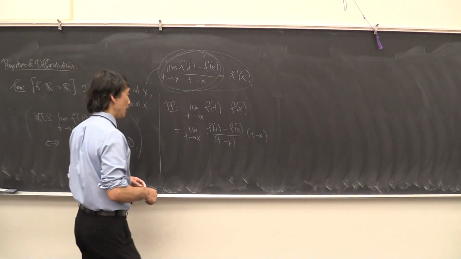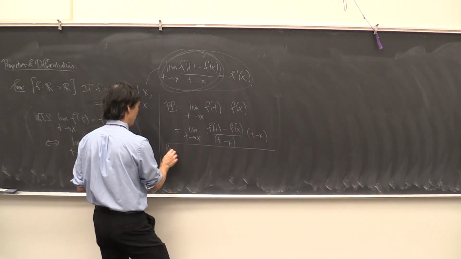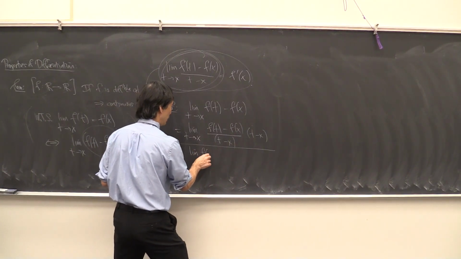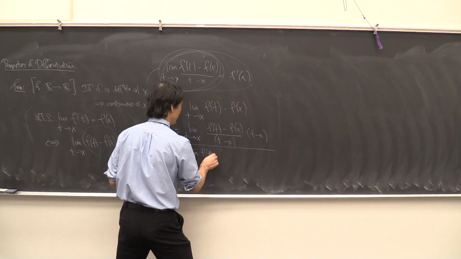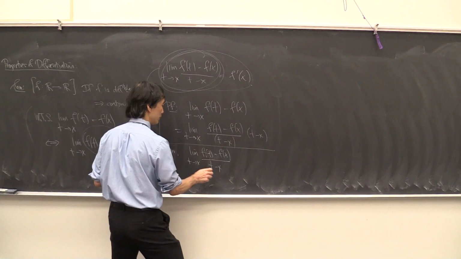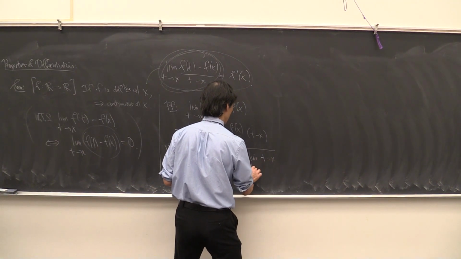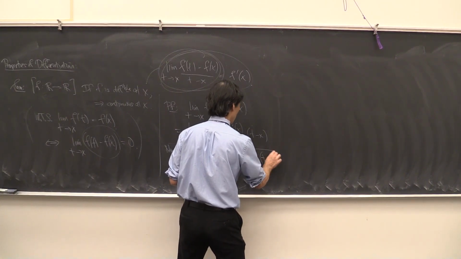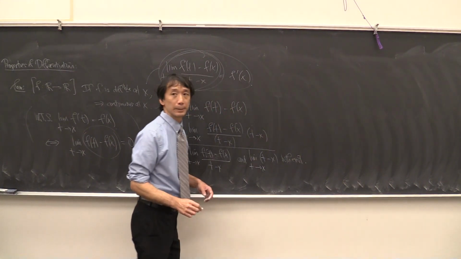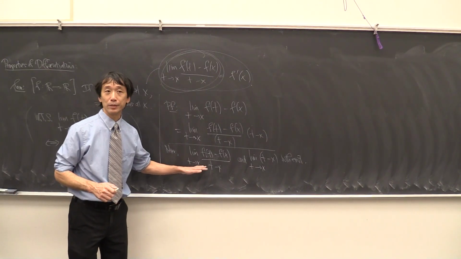Now the limit of f of t minus f of x over t minus x as t approaches x, and the limit of t minus x as t approaches x, both exist.